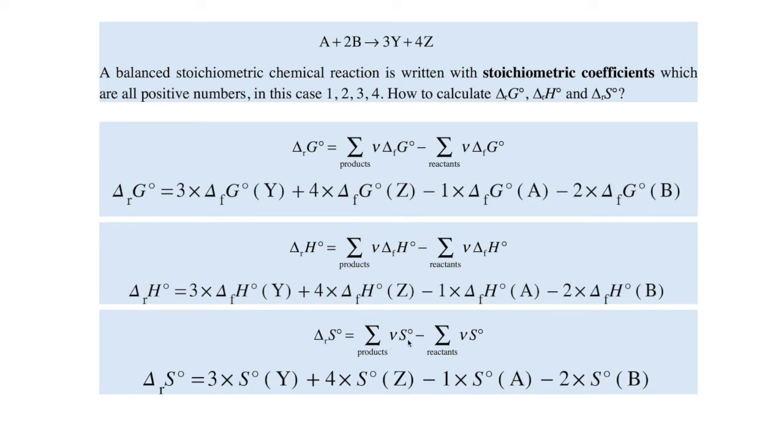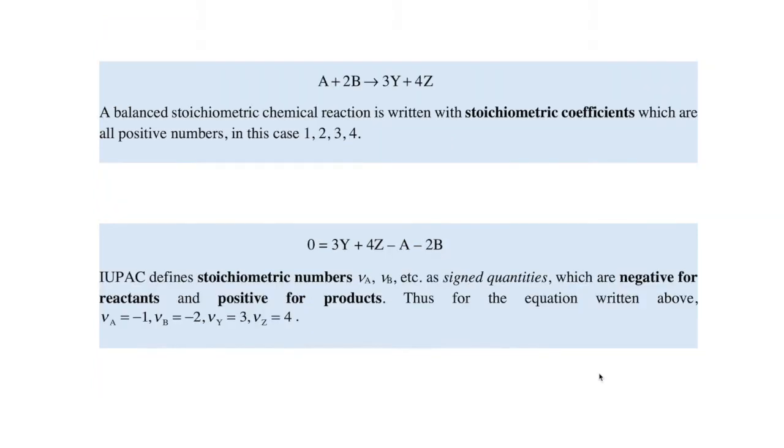Delta S for a reaction is calculated from absolute molar entropies. But again, we take each product, its absolute molar entropy, multiply by its stoichiometric coefficient, sum up all the products, and subtract off all the reactants.